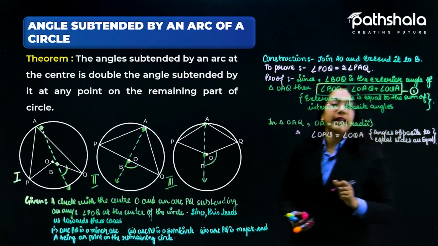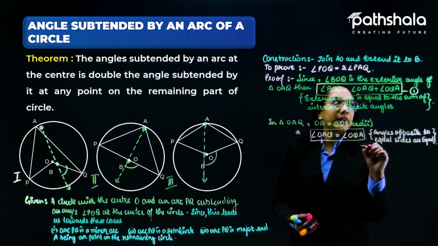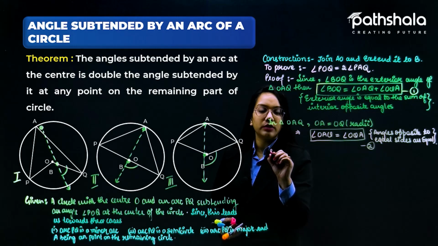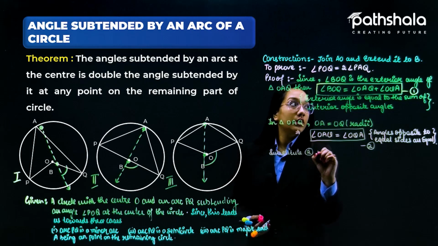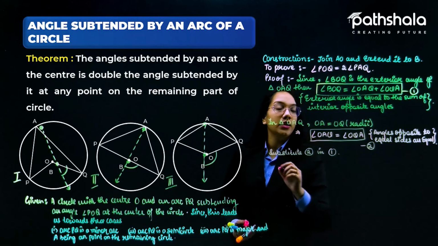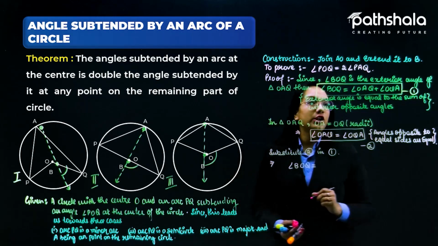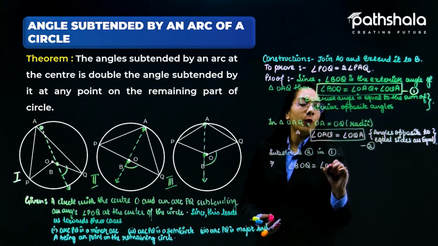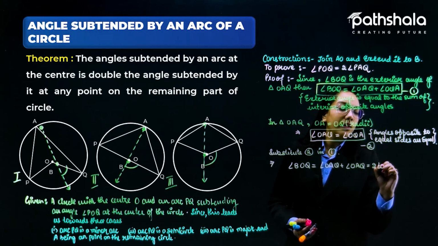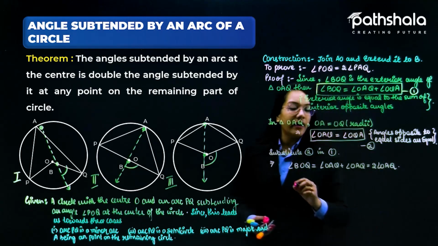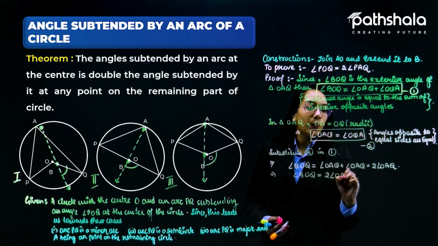So we already know about this thing, and let us call it 2. Substitute 2 in 1, we can say that angle BOQ is equal to angle OAQ plus angle OAQ, which is twice of angle OAQ. This implies the angle BOQ is twice of the angle OAQ.